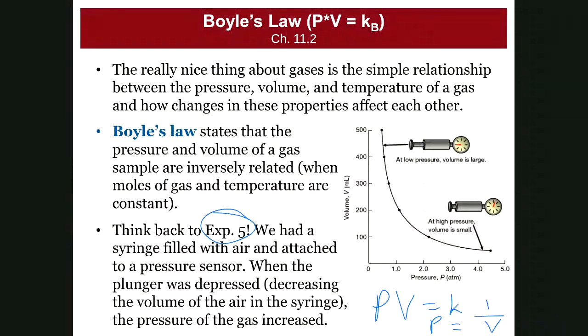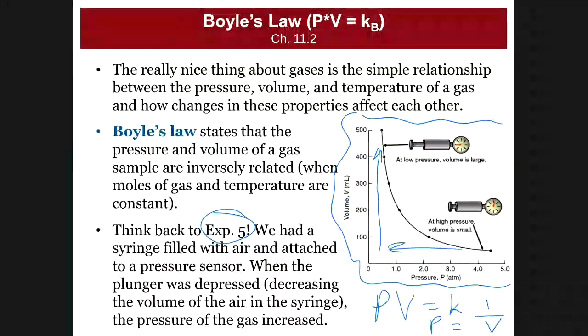So this is a graph that probably looks like one that you made. So this shows the inverse relationship. As volume goes up, pressure goes down, and as pressure goes up, volume goes down.